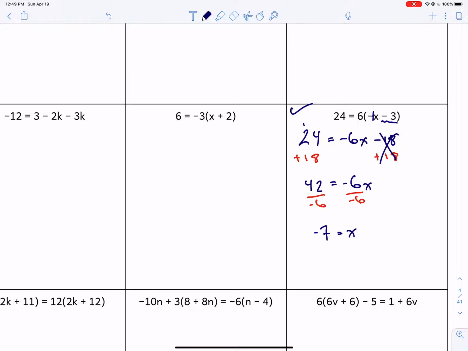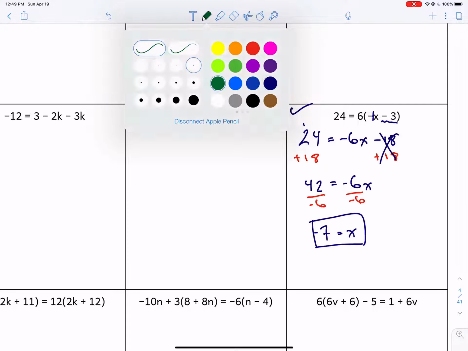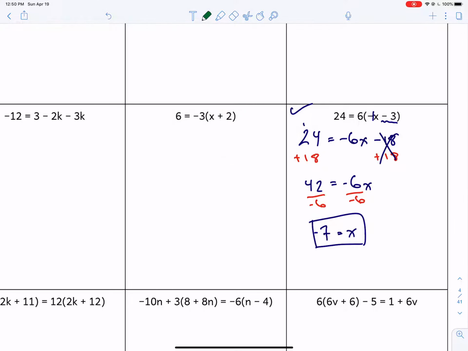Okay, so we should always check our work. So let's look at this original equation. And we want this right side, all of this, to equal 24 if we substitute negative 7 in for x. So in the parentheses, we have negative x, so it'd be negative 7.